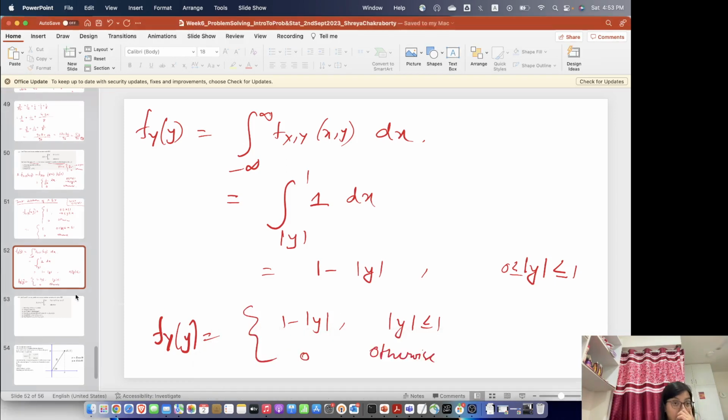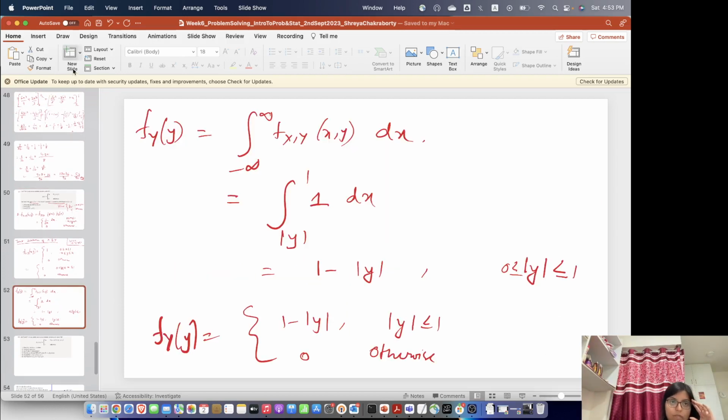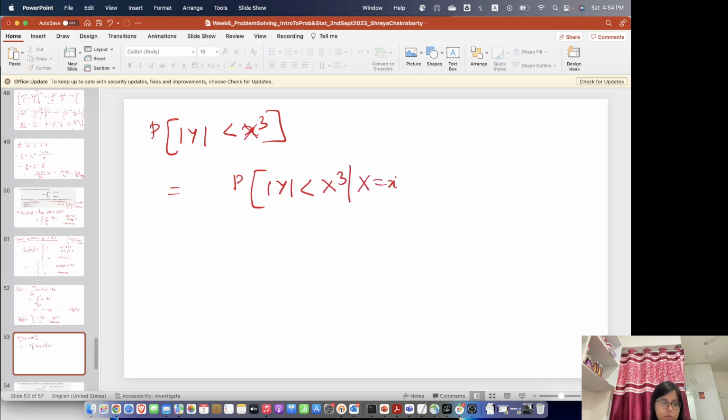Okay, now the next question is what? The next question is find the probability that mod y is less than x cube. So we have to find the probability that mod y is less than x cube. This one we can write as the probability that mod y is less than x cube given X equal to x, times f_X(x), integrated over the range of x.